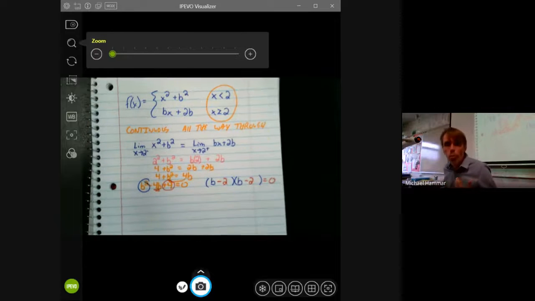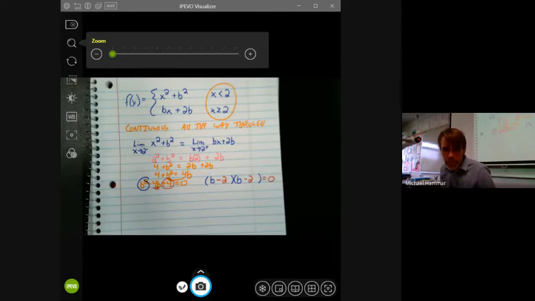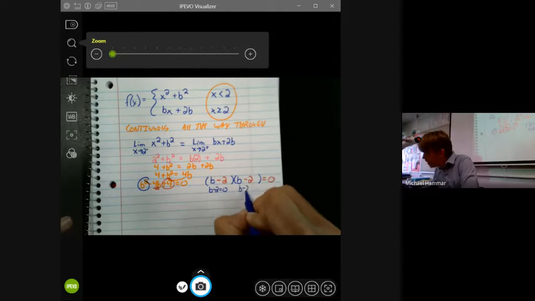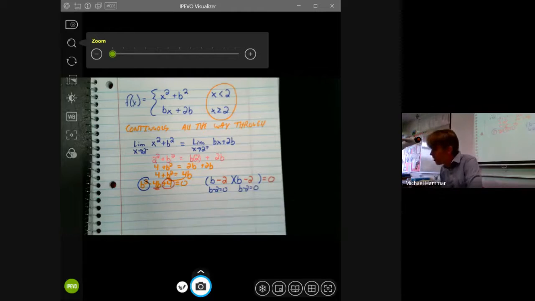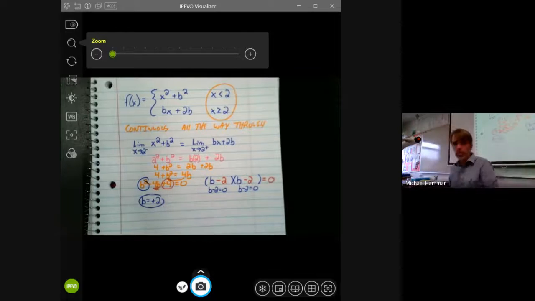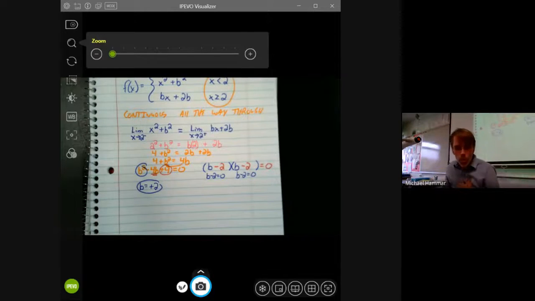So what value of b will give us 0? Well, b minus 2 equals 0, and b minus 2 equals 0. So b equals positive 2. So what value of b will give you a continuous function?